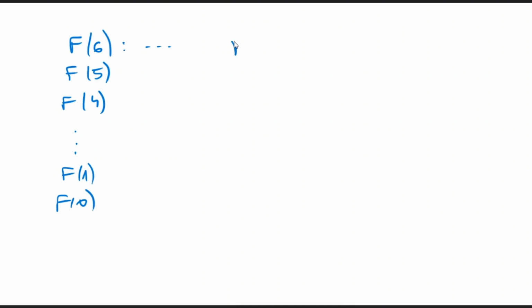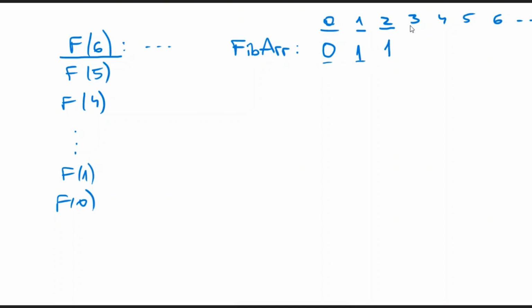We can keep in some Fibonacci array previously calculated results and use them instead of calling the function and do the whole calculation each time. Fibonacci array of 0 is 0. Fibonacci array of 1 is 1. Fibonacci array of 2 is 0 plus 1, which is 1.